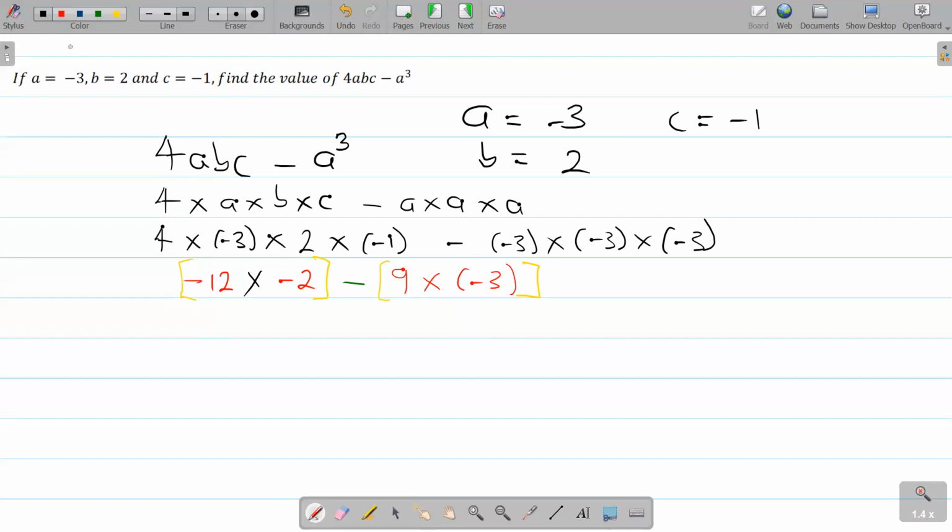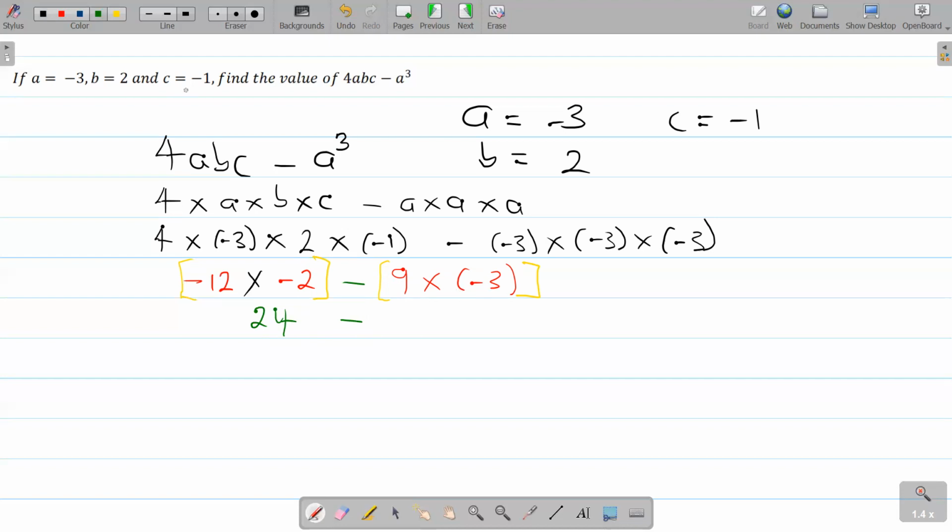So -12 times -2. Negative times negative is positive, so +12 twice, so 24. That is it. So this is 24. Minus. So this is +9, and this is -3. Positive and negative, what's the answer?